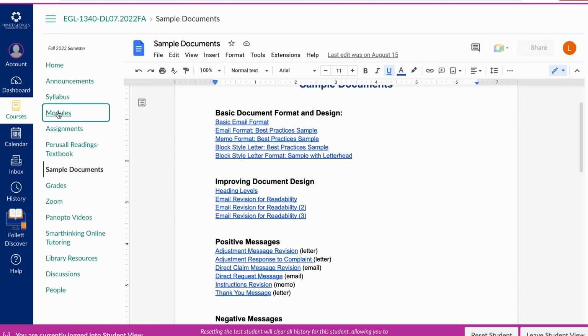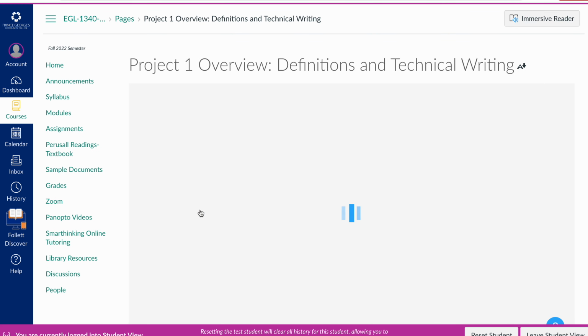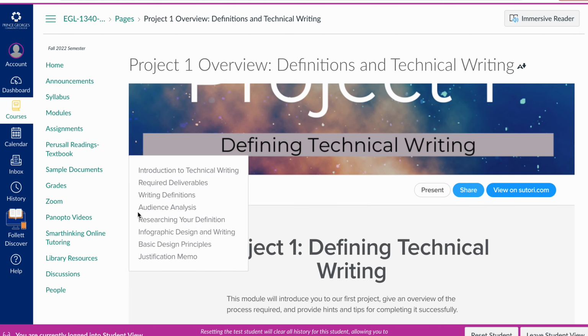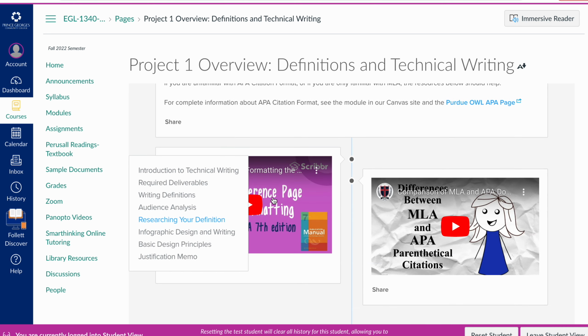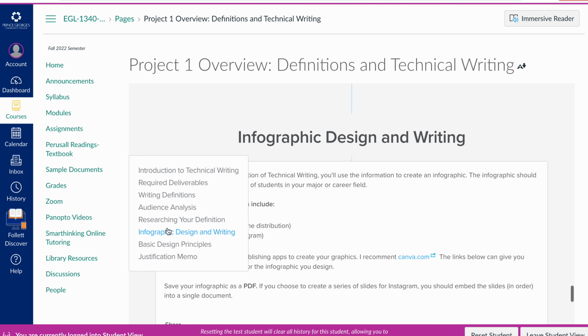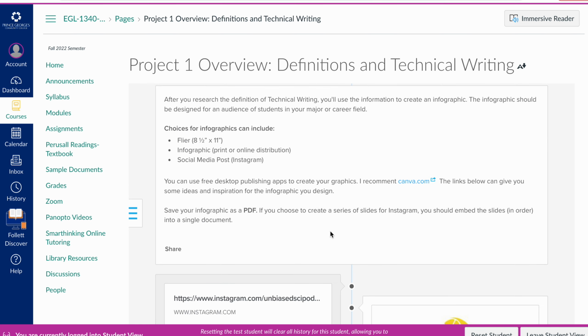The other thing that you're going to definitely want to take a look at is the Project 1 module in the modules. There's all sorts of information, including how to research your definition, and how to use MLA and APA format. It gives you information about infographic design and writing.